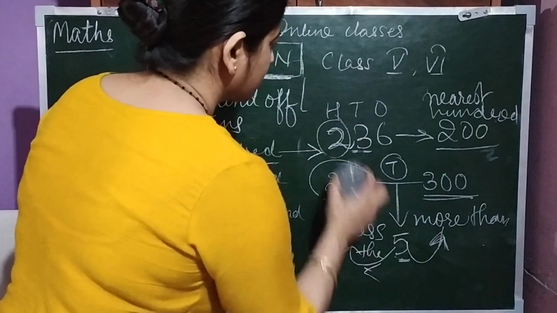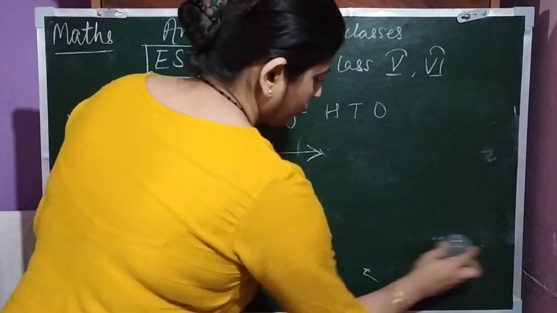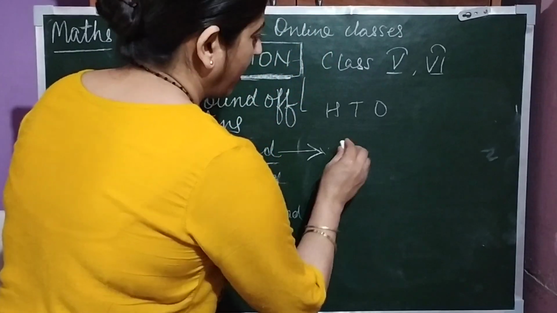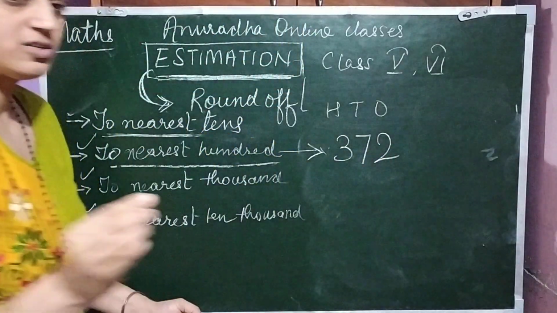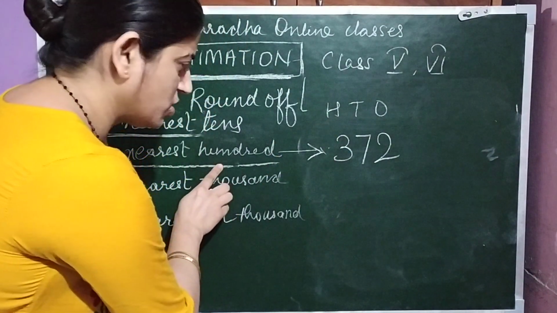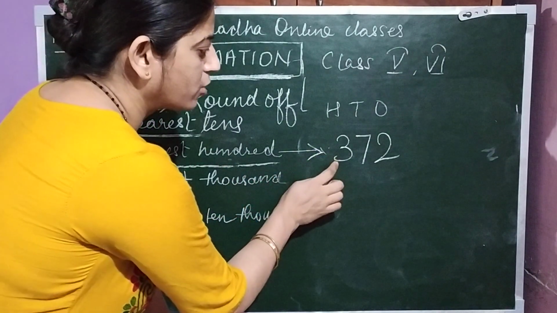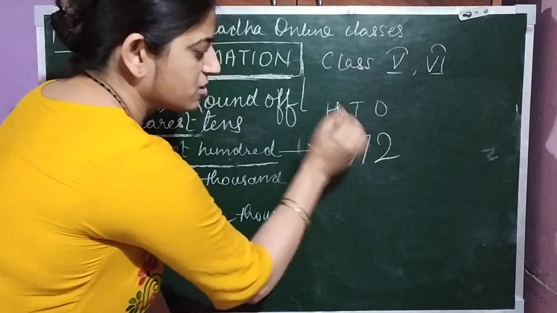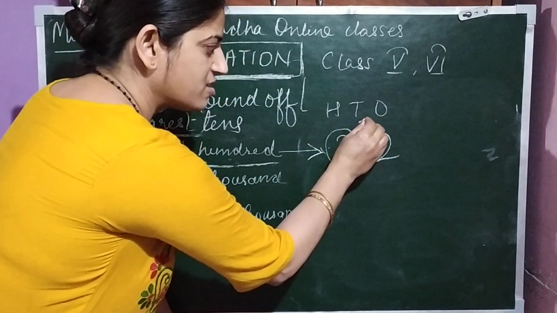Okay. Now let us come to another number so that it will be clear to you. I have taken 372. Right? You have to see the 100 place. You have to change it to nearest 100. So see, 100 place, you just circle it. Then underline the very next place, that is tens place.